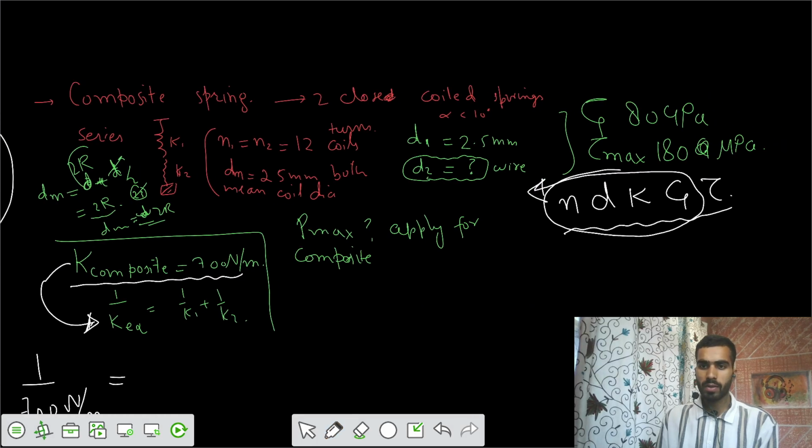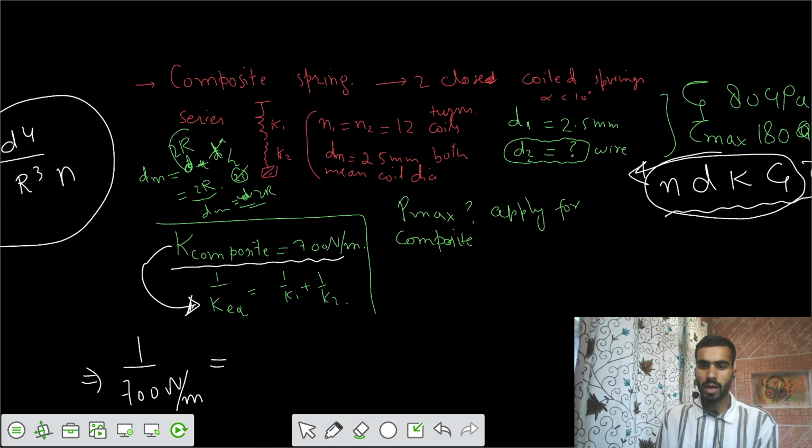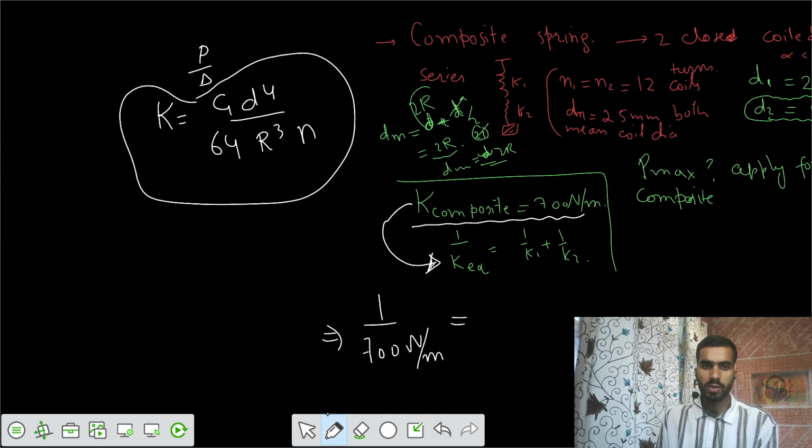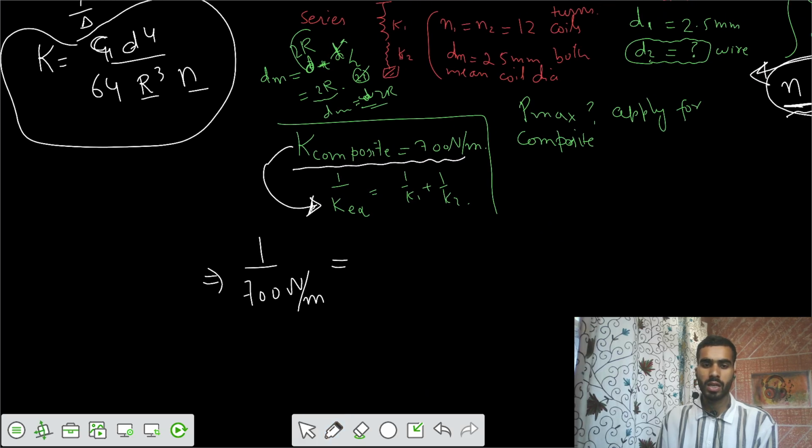If I have this, I know these values: n, d, K, G, R. For the first case, what is the value of K1? G is the same, but d is different.